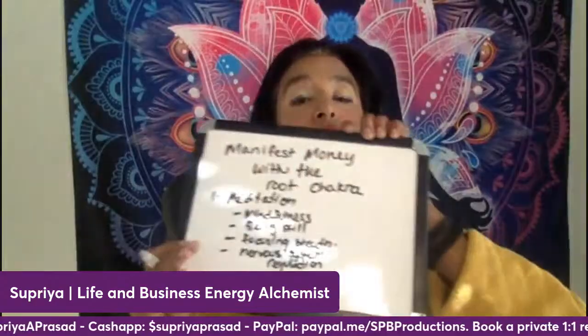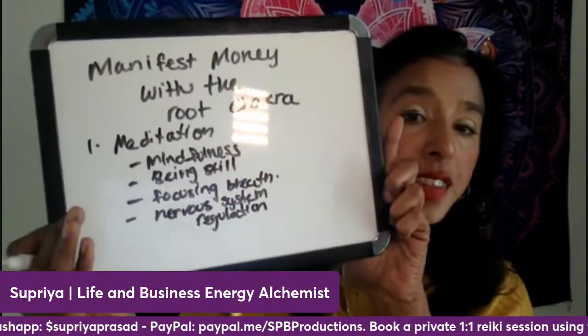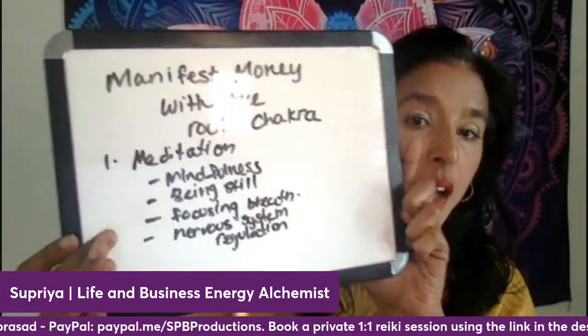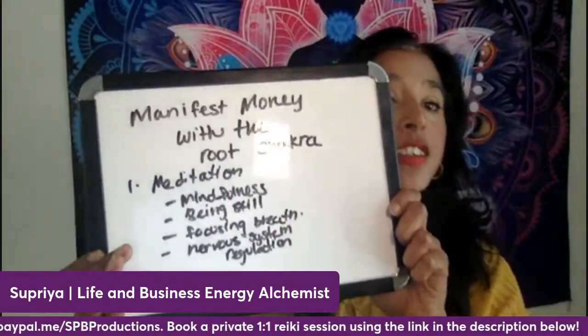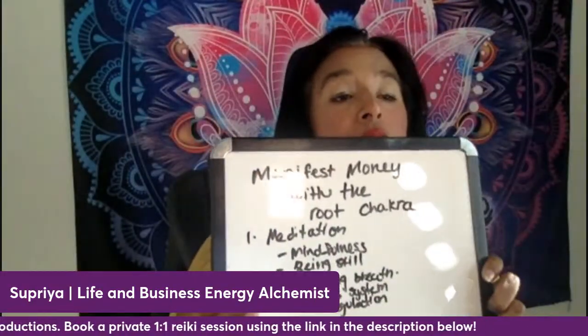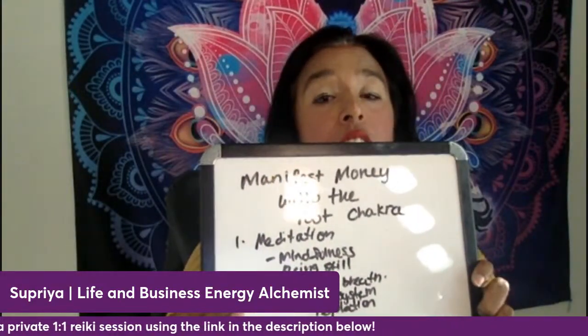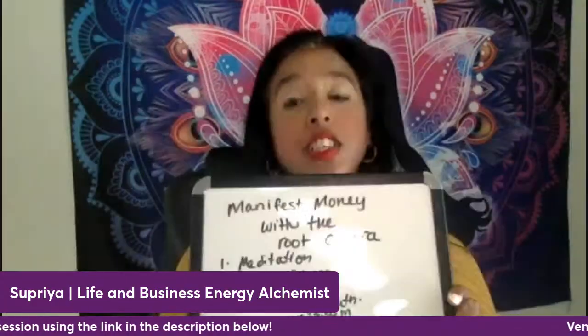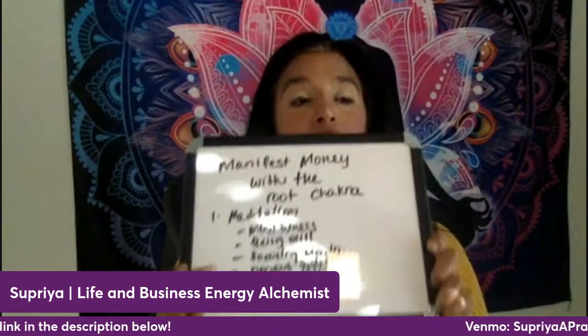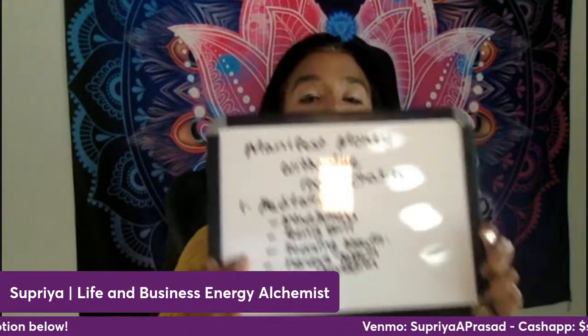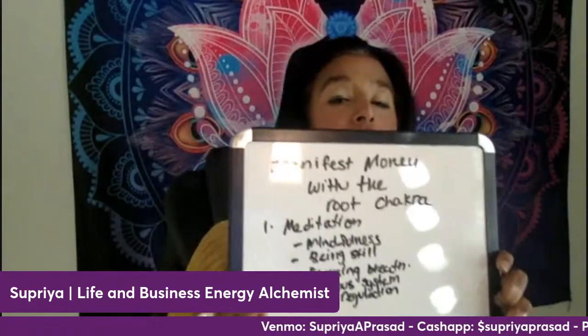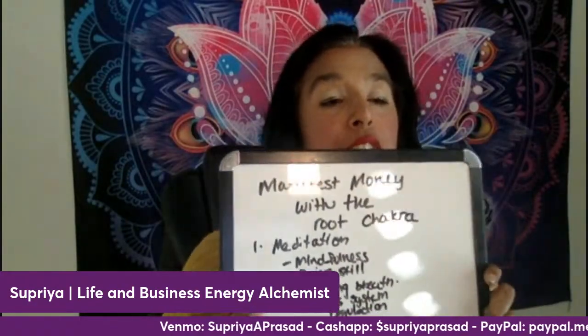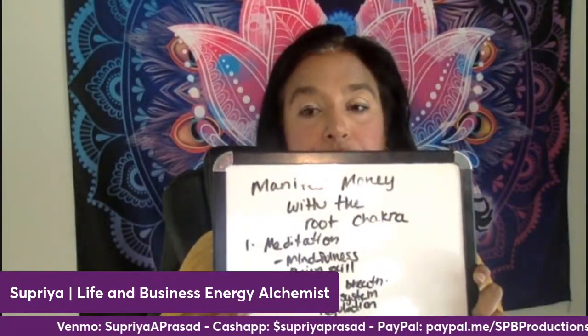Okay? This is it. It's all about mindfulness, it's all about being still, it's all about focusing on your breath, and it's all about nervous system regulation. I don't know if you guys want to screenshot that. Okay. Cool.